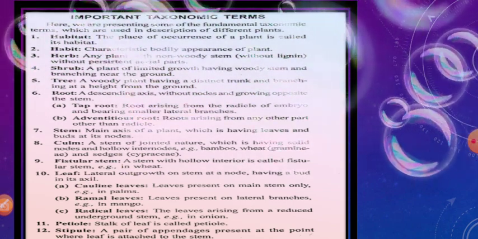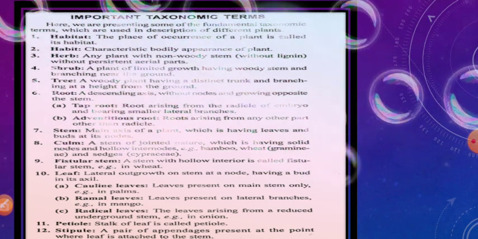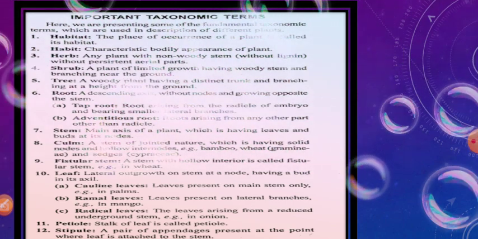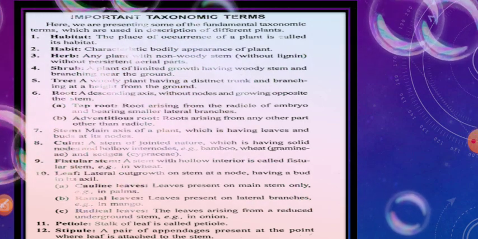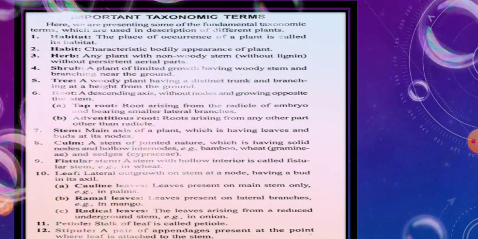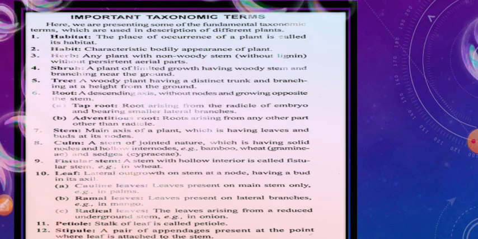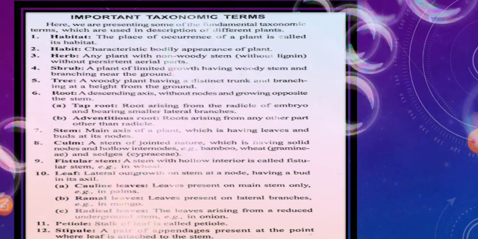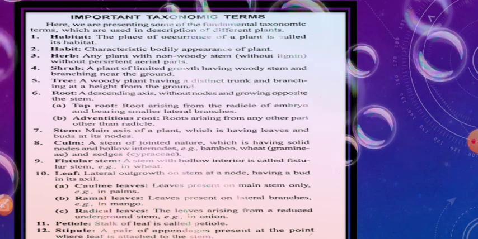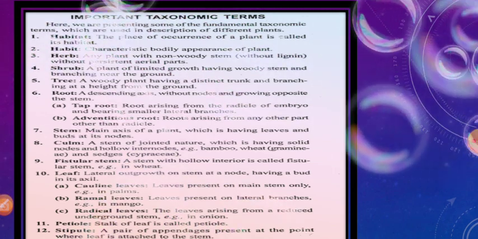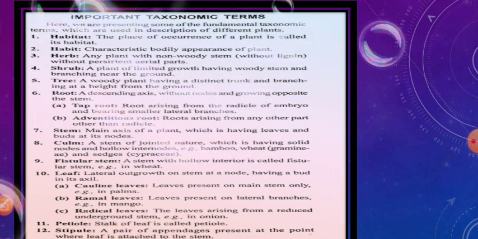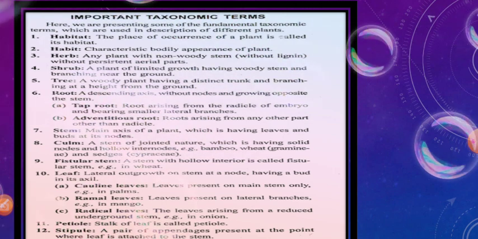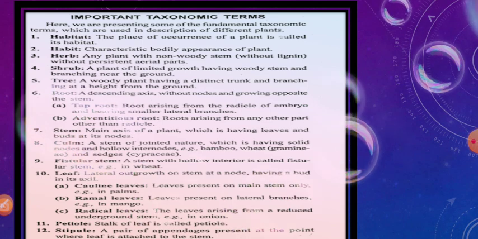Taproot means a root arising from the radicle of the embryo and bearing smaller lateral branches. Adventitious root means roots arising from any parts other than the radicle. In a larger tree, you can see one main root, called the taproot, which bears smaller lateral branches.